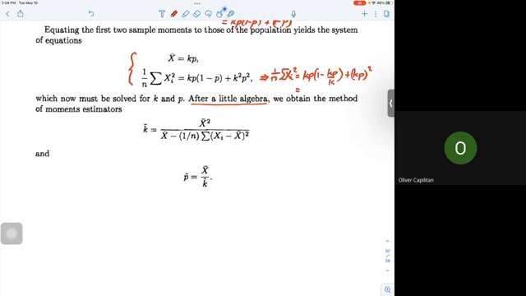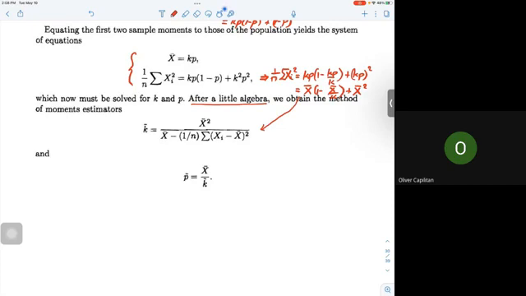So we can express this as the sample mean, x bar, 1 minus x bar over k, then plus x bar square. And then using this expression, we can now obtain our k tilde.